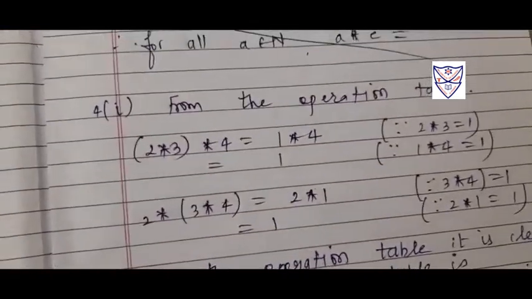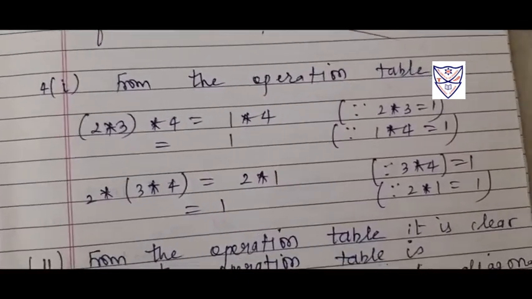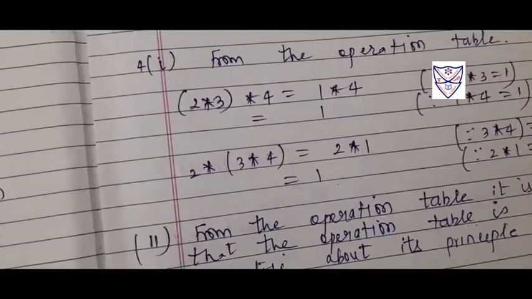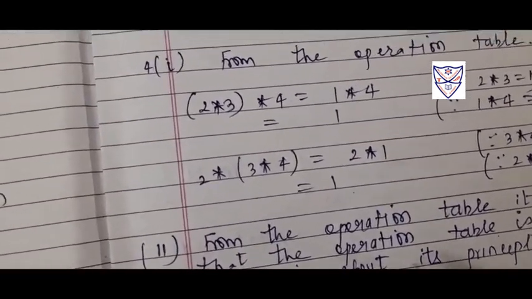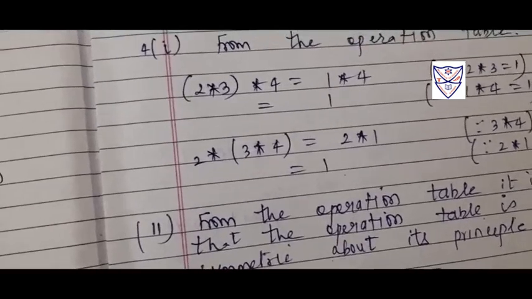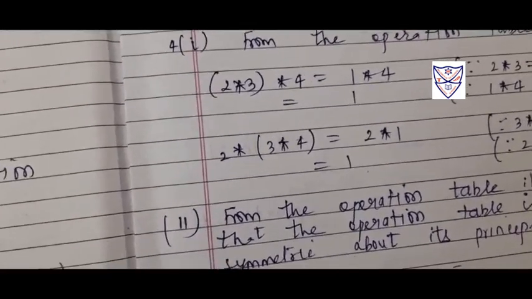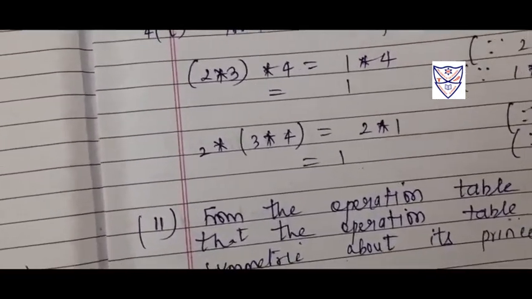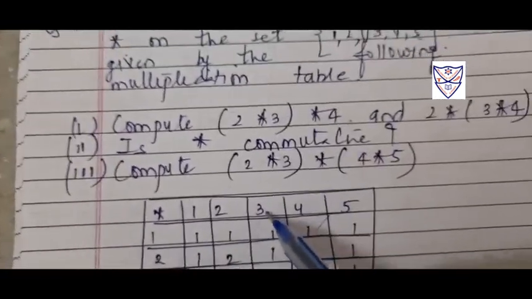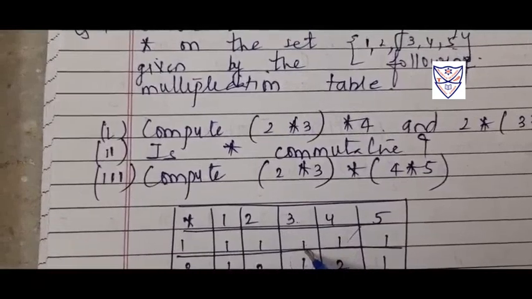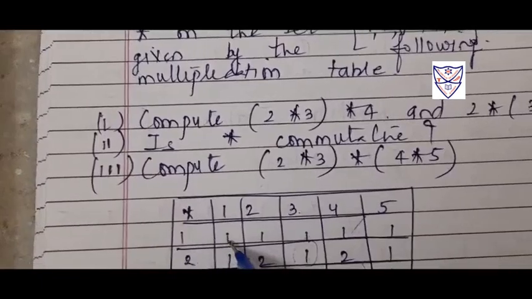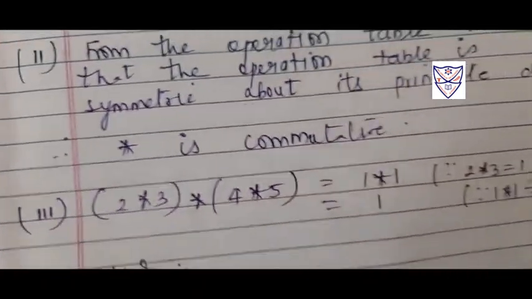So from both we are getting 1. Now, is it commutative? From the operation table it is clear that the table is symmetric about the principal diagonal, and hence star is commutative. Now we have to find (2 star 3) star (4 star 5). So 2 star 3 gives 1, and 4 star 5 gives 1. So 1 star 1 is 1. So for the third part the answer is 1.